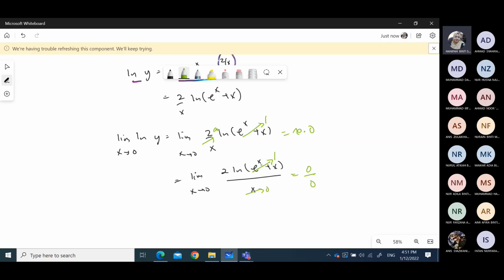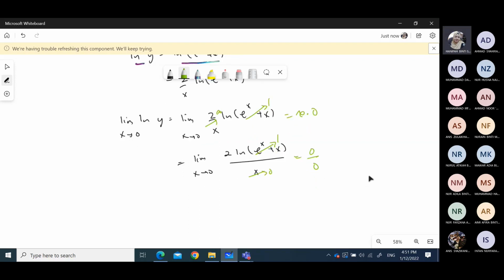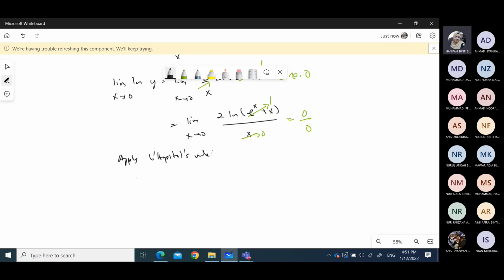So 0 times 2 is 0 over x, and x approaches 0, so we take that value. Alright, next we apply L'Hopital's rule by differentiating the numerator and denominator.